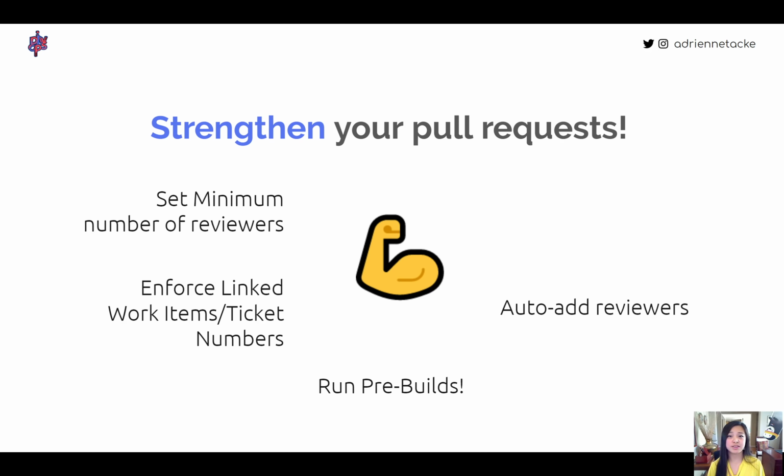But if you're using a system like Azure DevOps, they actually give you the option to auto add reviewers. So that cuts down on your time searching for people, and it also cuts down, again, on the bias for just only having specific reviewers look at code. By auto adding reviewers, you can auto add everybody or auto add your whole team and make sure everybody sees the code that is about to be committed.